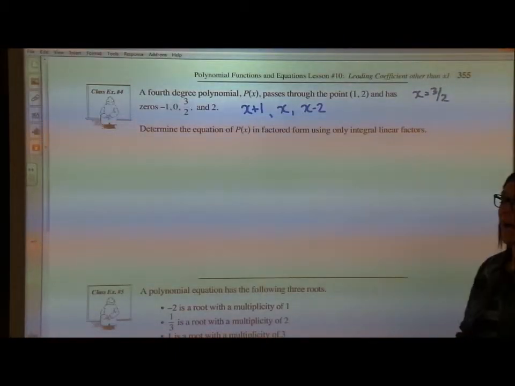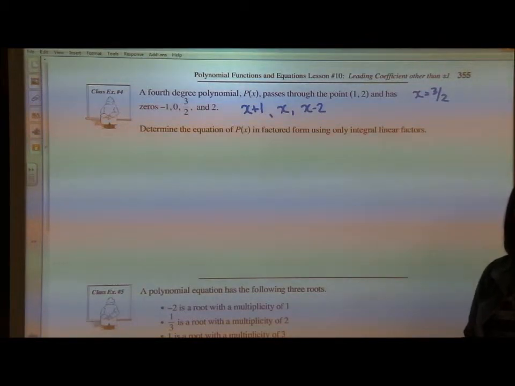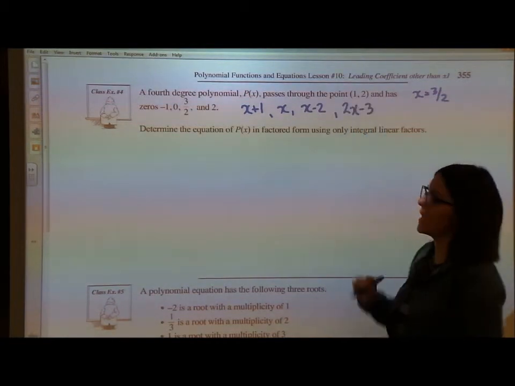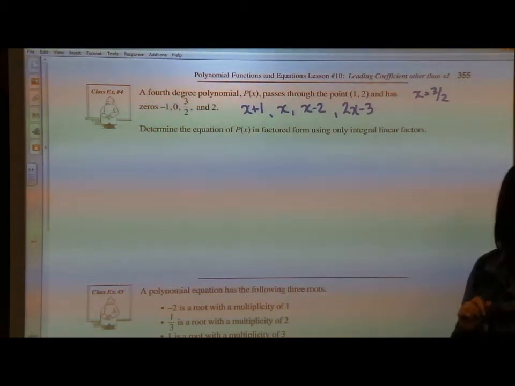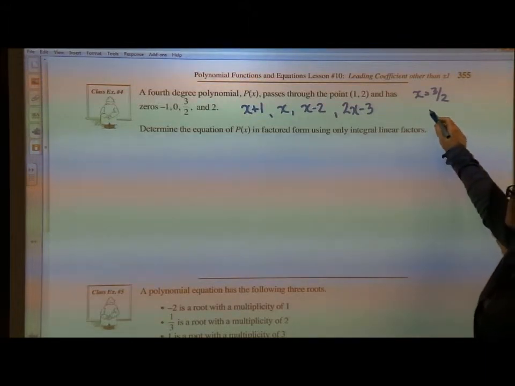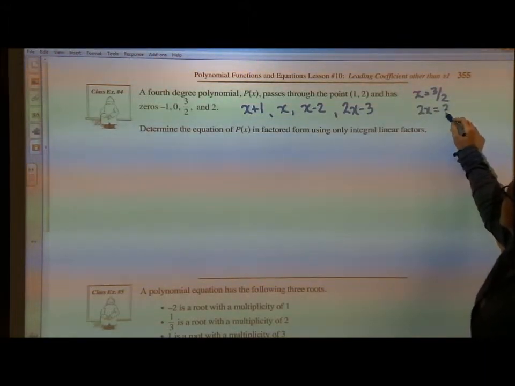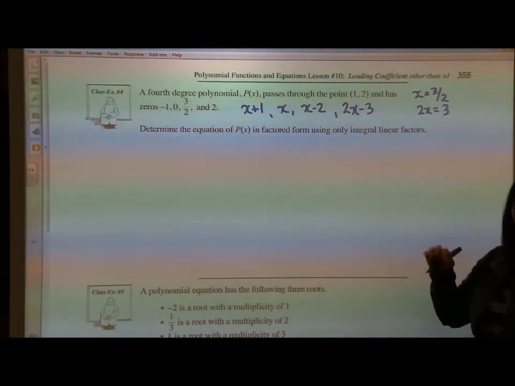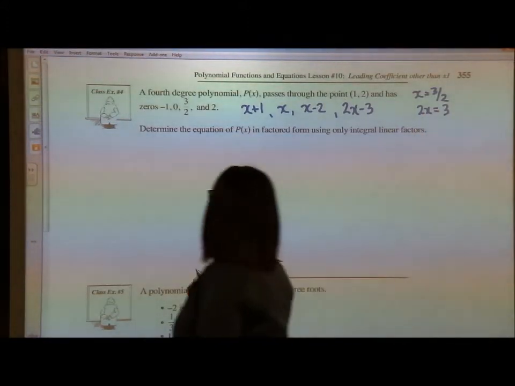So x equals 3/2. How would I write that as a factor? 2x minus 3. How did you get the 2x minus 3, Hannah? So I multiply first by the 2, and then subtract the 3. So now I have my factors.